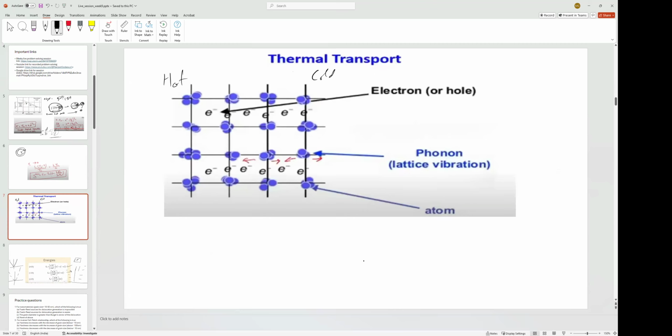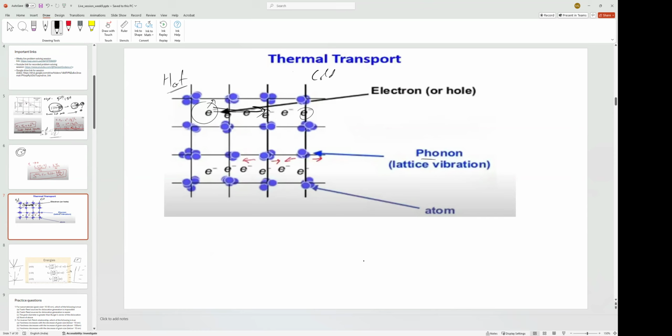From the hot side, these electrons will have higher energy since it's hotter. They will diffuse to the cold end, giving their energy to the electrons present here. So this is just transportation of heat through electrons. Another way is through phonons.